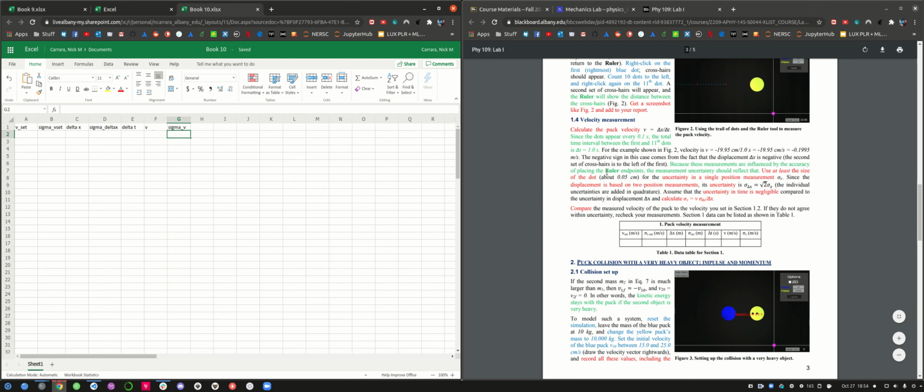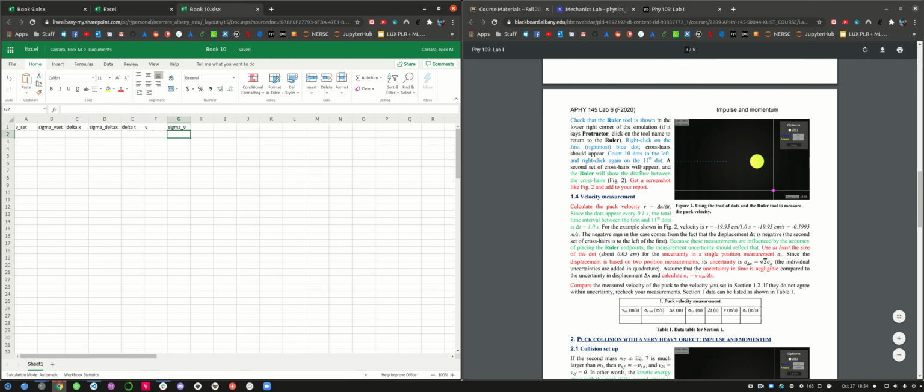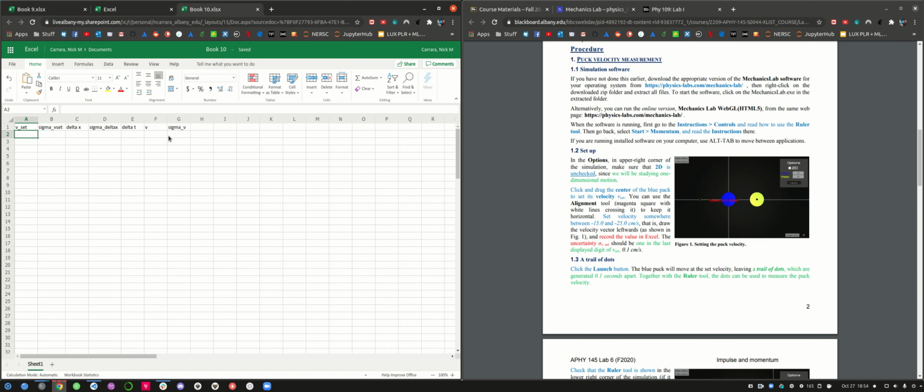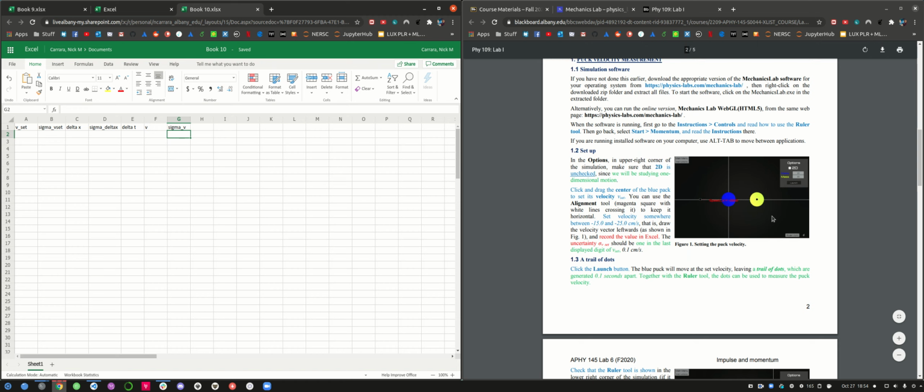So the first thing it wants us to do is to set the velocity between minus 15 and minus 25 centimeters per second. And this part is just to sort of calibrate our measurements here and figure out if what we're doing aligns with what the program is telling us.